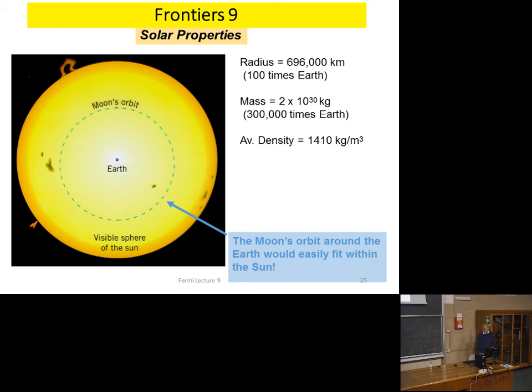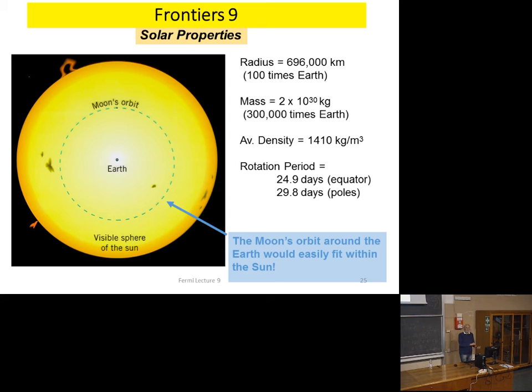The average density of the sun is 1,400 kilograms per meter cubed. A meter cubed is like this, and you're talking about it being 1,400 kilograms for that volume. So it's quite dense matter.